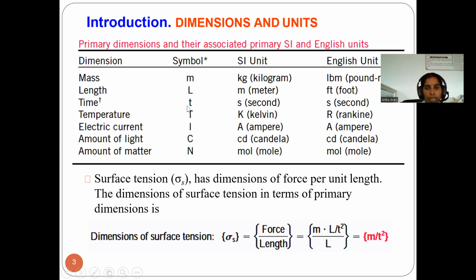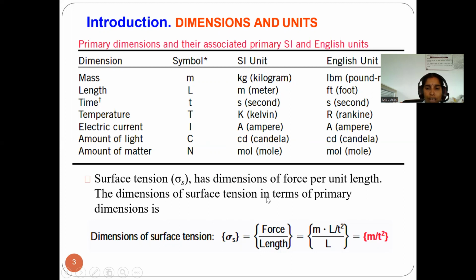Time is denoted by T, and unit is second. Temperature is denoted by T, unit Kelvin. Electric current is denoted by the letter I, unit ampere A. Amount of light is denoted by the letter C, unit candela CD. Amount of matter N, in the unit of mole.